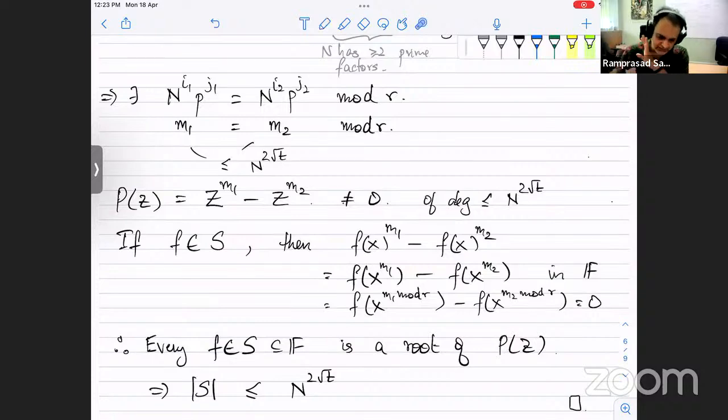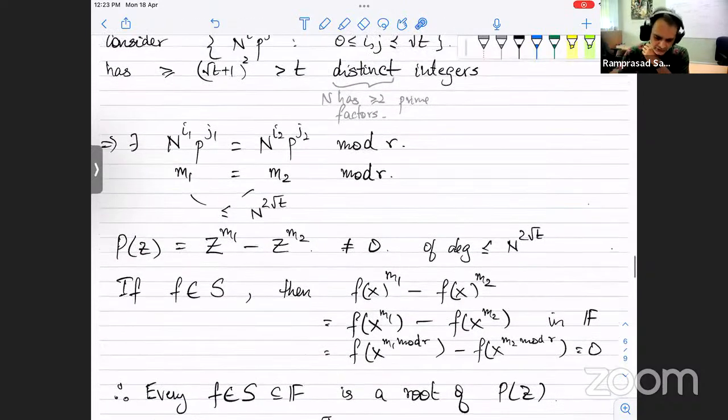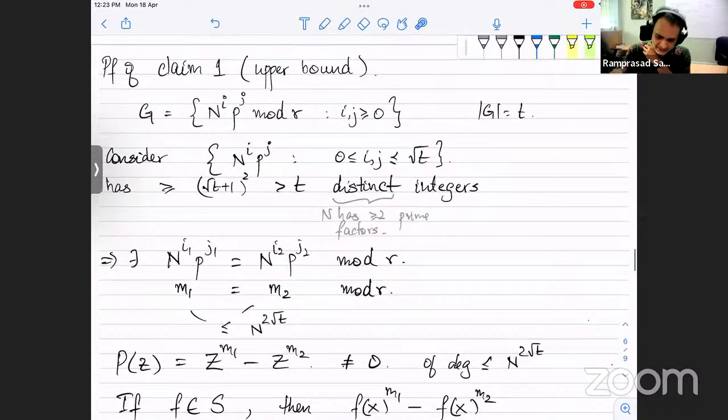So let's just go over this once more. We started off by saying that if you tell me that the group has size at most t, here are more than t many elements that all happen to be in the group if I consider them modulo r, but they're all distinct integers to begin with. So the pigeonhole principle will tell you that two of these numbers must be the same when you consider them modulo r.